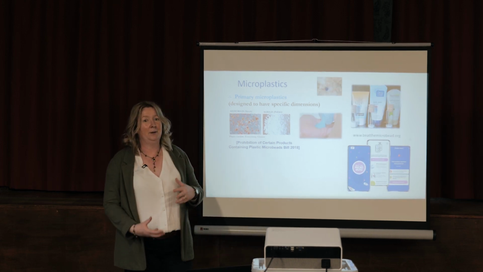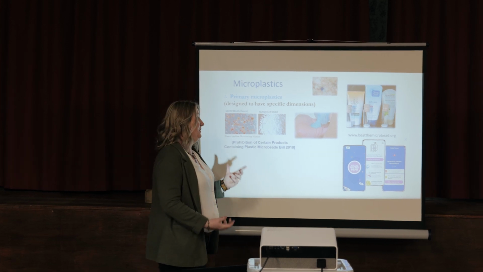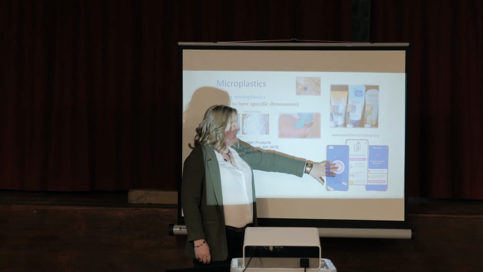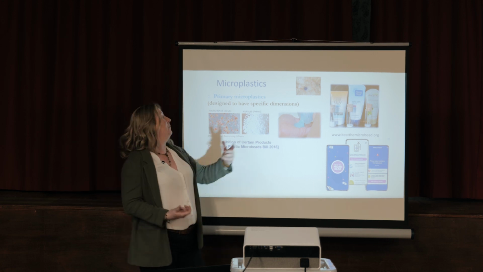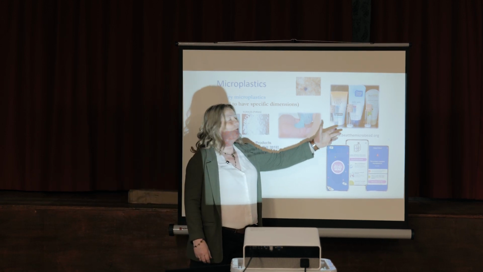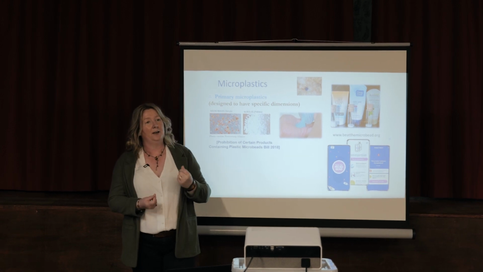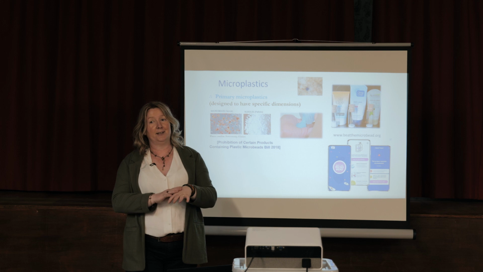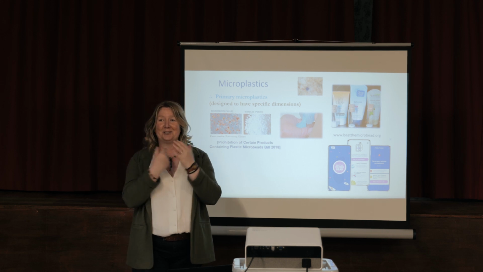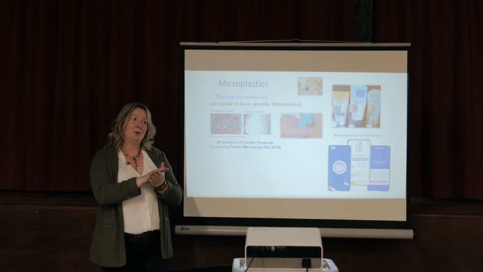And where this came from is essentially the power of the people when you think about it. There was this movement, Beat the Microbead, that came from looking at all these exfoliants and different products that you would have, and they actually had microplastics in them. Now, they were fantastic if you wanted soft skin or the glow in your cheeks, and they were used as an abrasive.